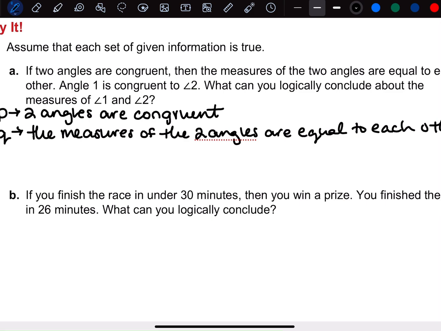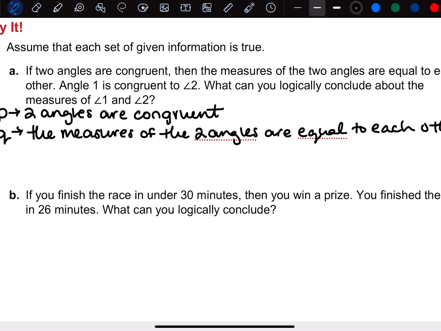Now, if we think about that statement, we know two angles can definitely be congruent. Say we are looking at a 90-degree angle and we break it down into two angles; those angles are going to be 45 degrees, both of them. That is congruent, so that statement makes sense.